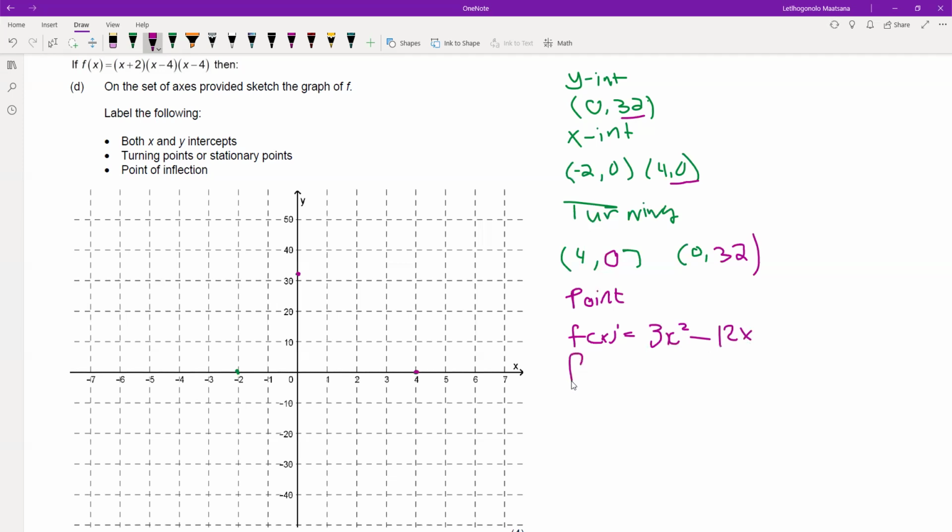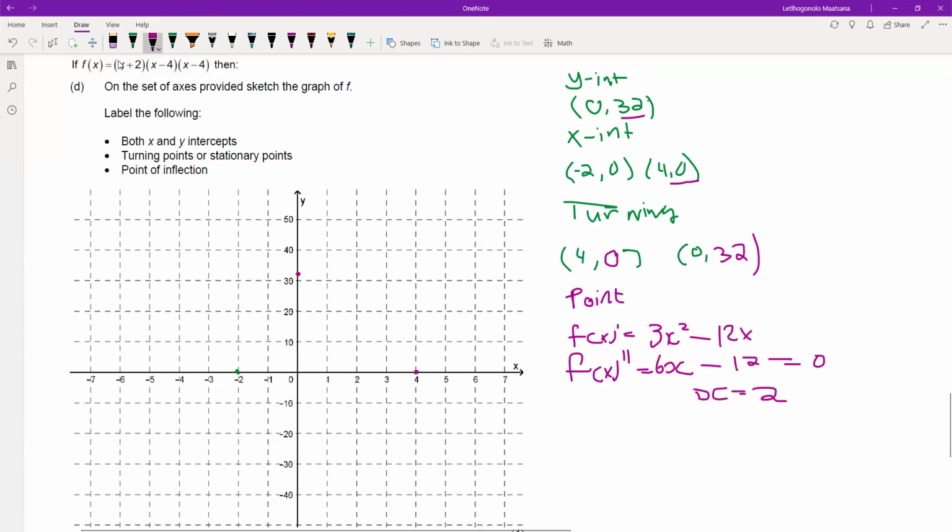Therefore, the second derivative would read 6x minus 12. And if we equate this to 0, then we will get that x is equal to 2.